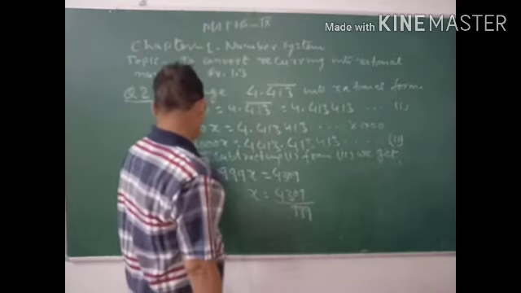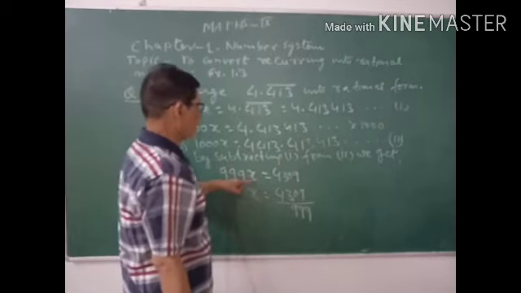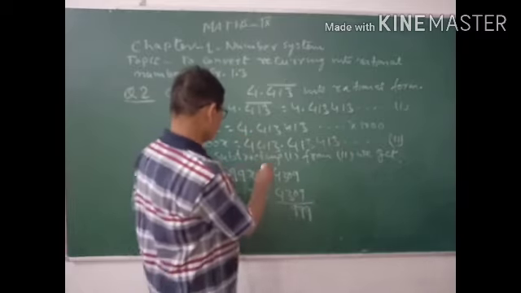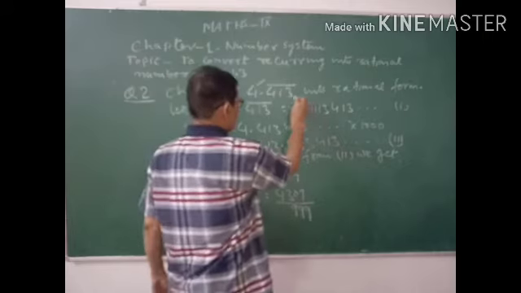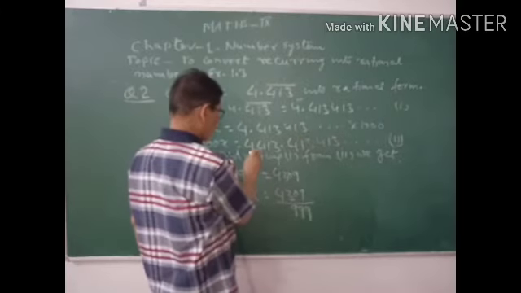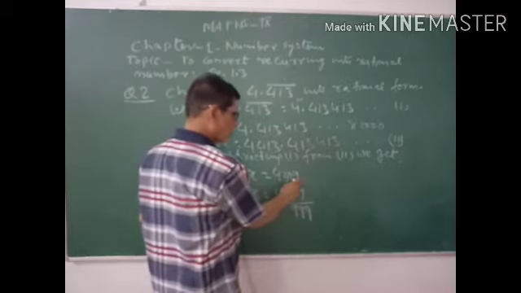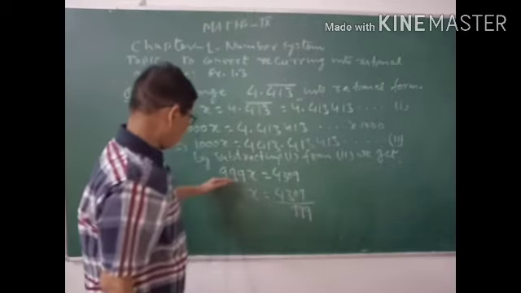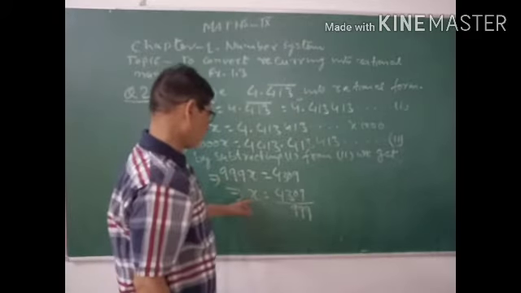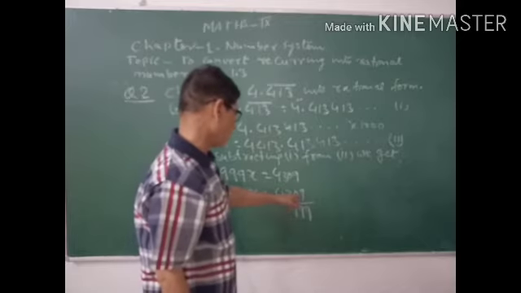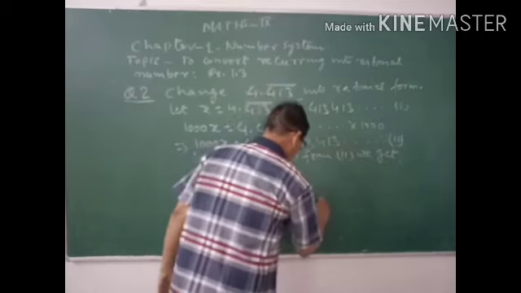We get 1000x minus x, which will become 999x, and if you subtract 4 from 4413, you will get 4409. And in the last you can write here x equal to 4409 divided by 999. This will be your answer.